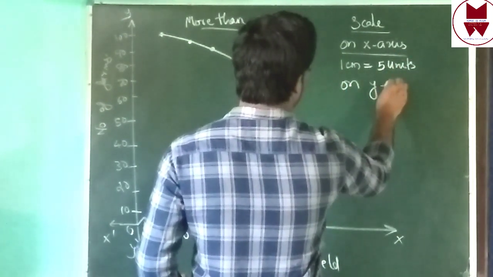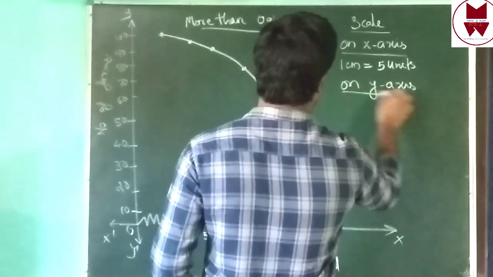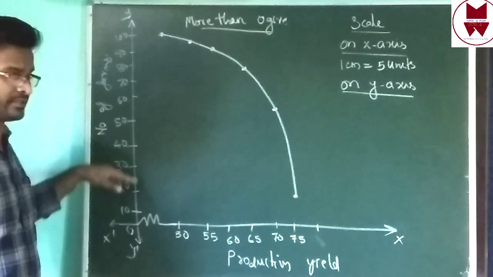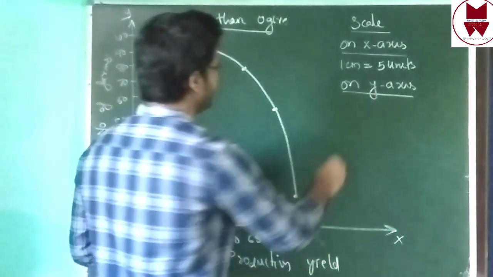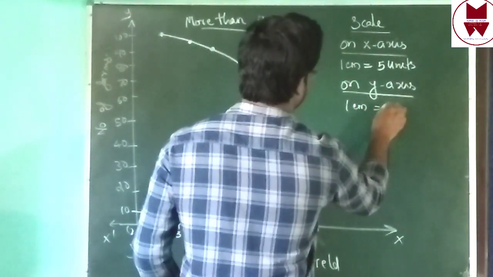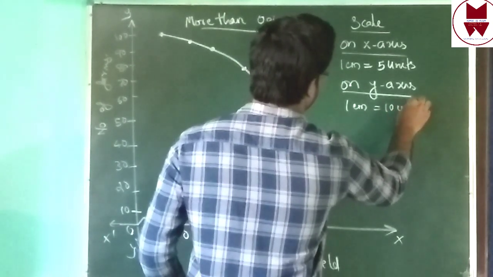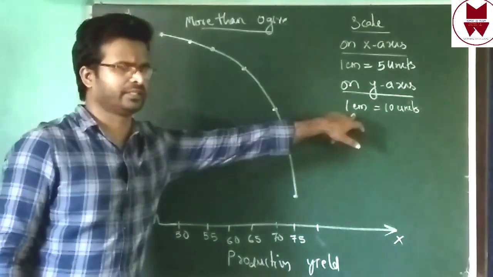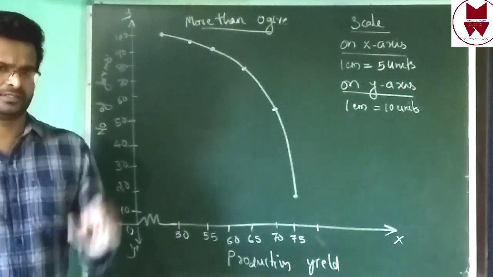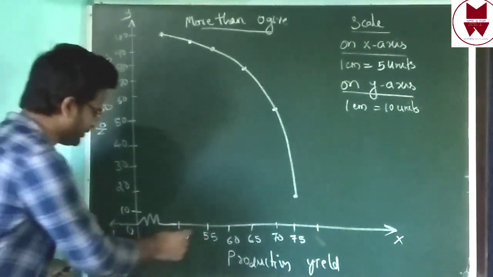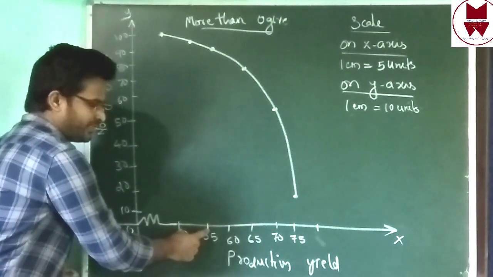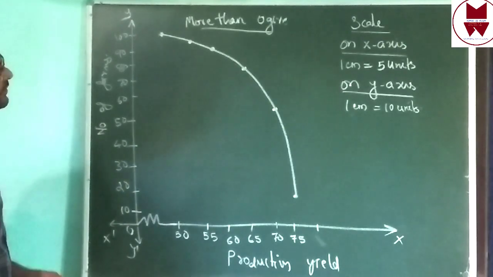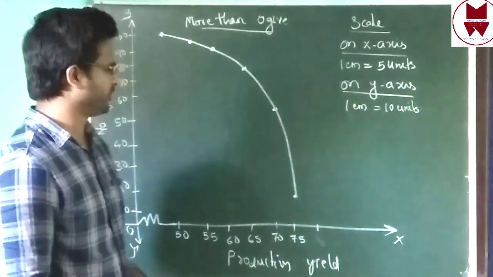Then on the y-axis, 10, 20, 30, 40, a 10 increase, so 1 centimeter equals 10 units. Why do I use 1 centimeter? In your graph notebook, the distance between two small lines will be 1 centimeter. Here also 1 centimeter. This part also 1 centimeter. This is our more than ogive graph.